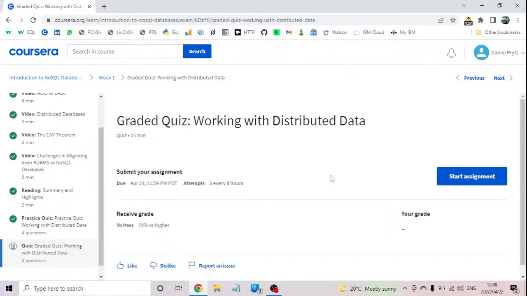Alright, question 10. Summarize the advantages and challenges of distributed systems. Advantages of distributed systems are basically everything to do with NoSQL: scalability, flexible schema, partition tolerance, and all of that stuff, and speed and performance.